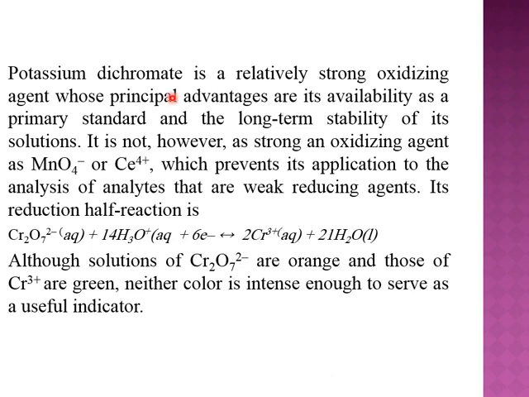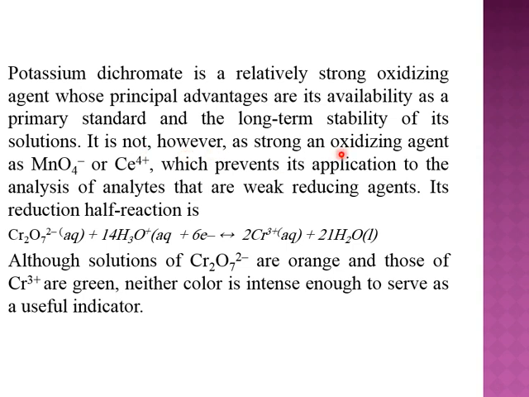Another oxidizing standard solution is potassium dichromate. It is a relatively strong oxidizing agent, but not as strong as potassium permanganate and cerium. The principal advantage is its availability as a primary standard and its long-term stability compared with potassium permanganate.